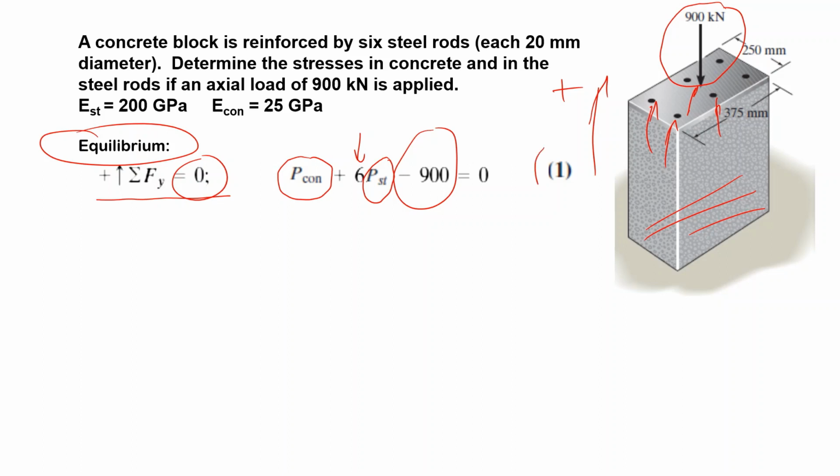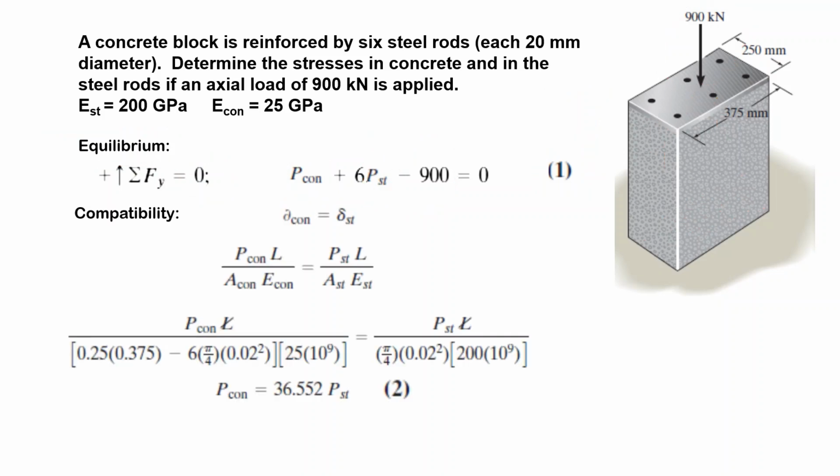As you see, I have one equation and two unknowns. I need a compatibility equation. Well, what is that? That is the lengthening or the shortening of the concrete, and the rod should be equal.